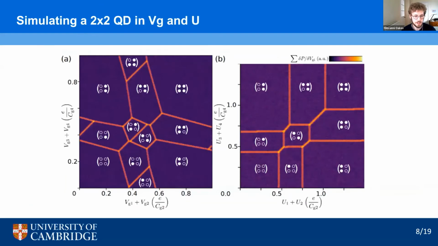So we can then simulate what such a system would look like for a 2x2 quantum dot. Here we have a stability diagram when we're applying gate voltages simultaneously on all 4 quantum dots, and we get this quite complicated structure.